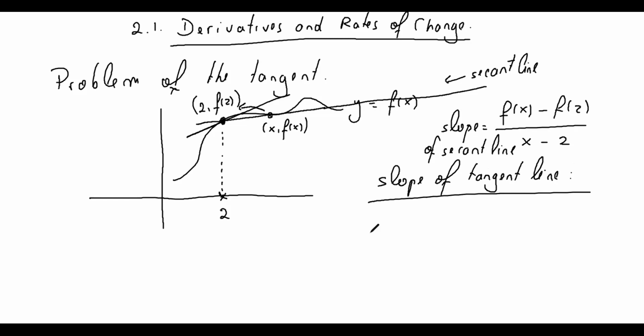is the limit as x approaches 2 of (f(x) minus f(2)) divided by (x minus 2). So why would I take the limit again? Because when x approaches 2, this point here, folks, slides on the graph toward the other one, and then the secant line is lining up with the tangent line at that point.